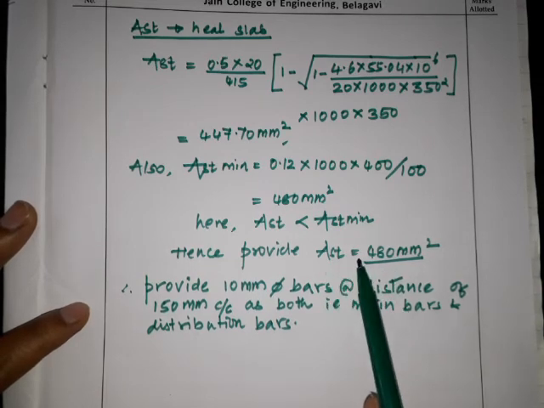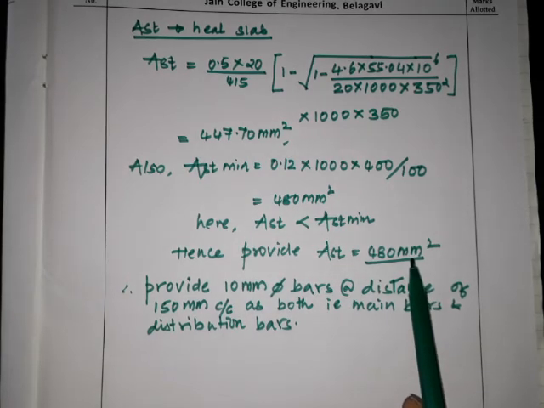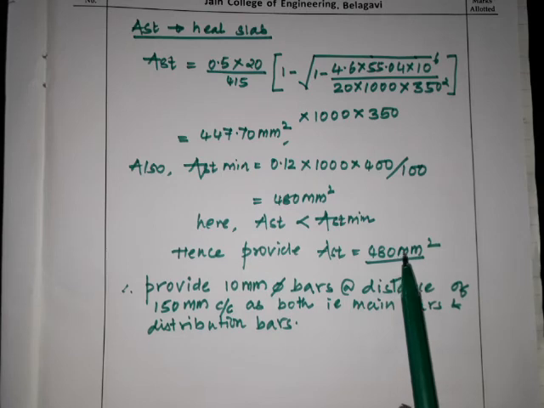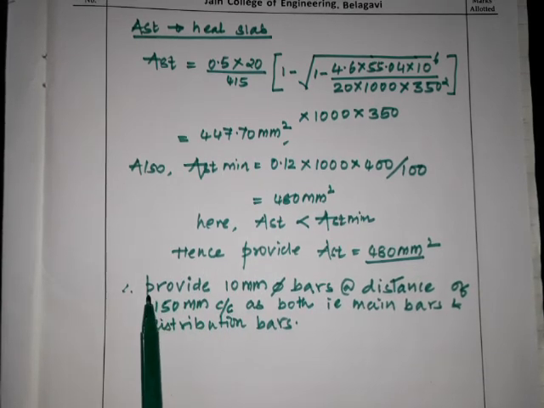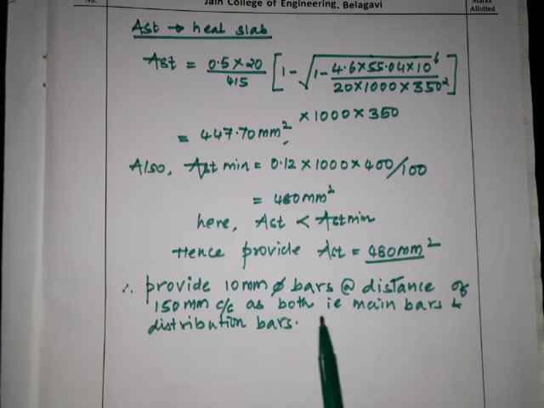So in both the directions, the main reinforcement as well as the distribution bars, we have to provide same. Therefore provide 10 mm dia bars at a distance of 150 mm center to center as both main bars and distribution bars. Understood?